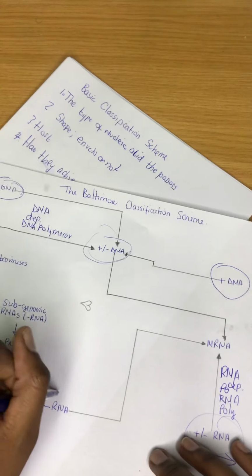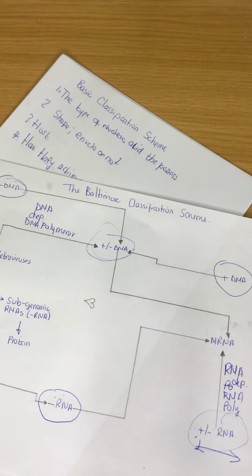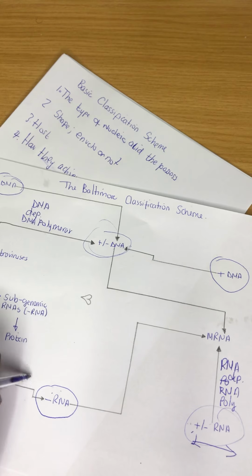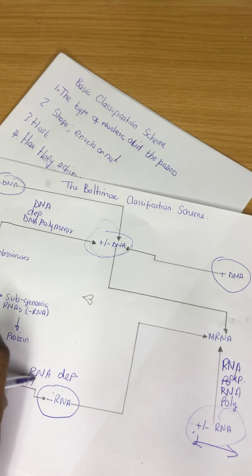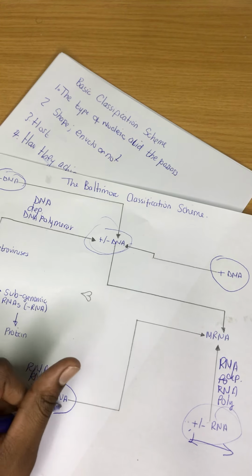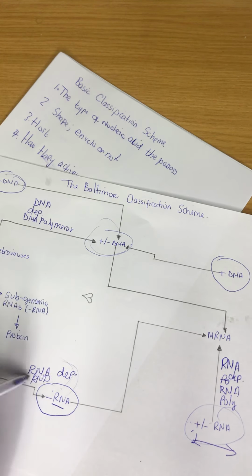So now we move to negative RNA viruses. How do they achieve their transcription? They are going to use the same enzyme, RNA dependent RNA polymerase. They are going to synthesize a complementary strand using this enzyme.